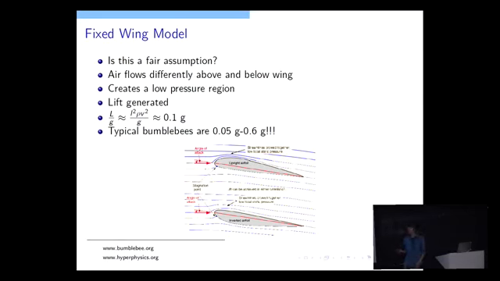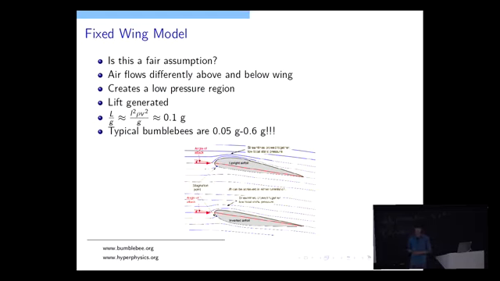The way this happens is air flows differently above and below the wing. The air around the upper part of the wing is at a high velocity, and from the equation I showed you earlier, this means that there's a low pressure.